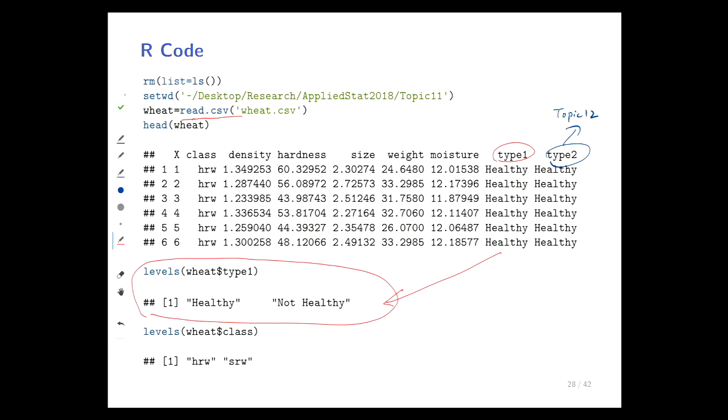And also, we have a lot of explanatory variables. So these are our explanatory variables. Notice that there is one explanatory variable which is actually a categorical variable, class. If we look at the levels of class, we can find that there are two categories. The first one is hard red winter, and the second one is soft red winter.